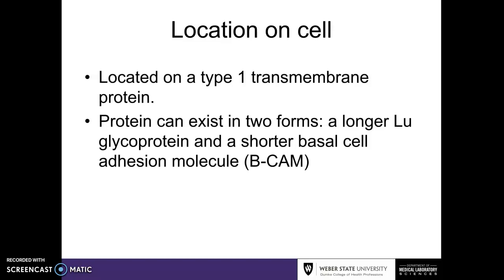The Lutheran proteins on the cell are a type 1 transmembrane protein, and they exist in two forms. One is a Lutheran glycoprotein, and the other is a shorter basal cell adhesion molecule, shortened to BCAM.